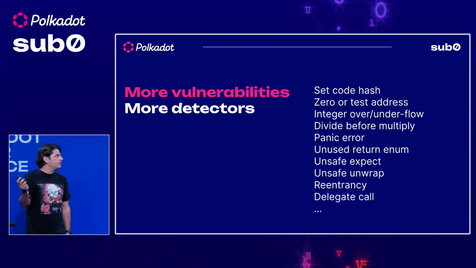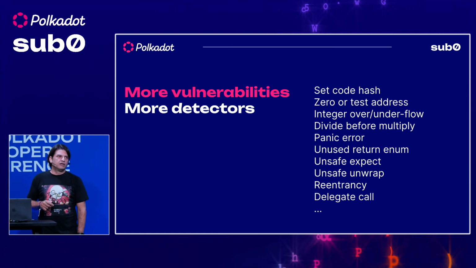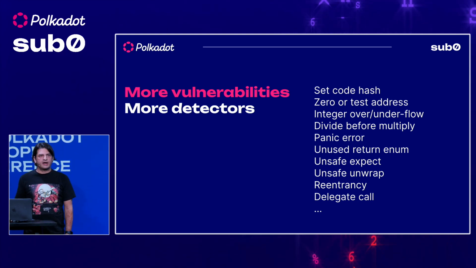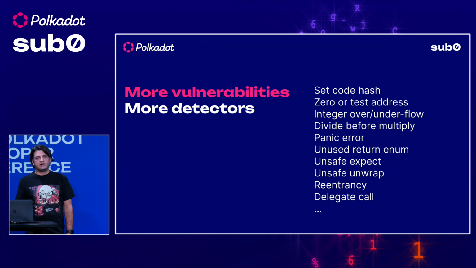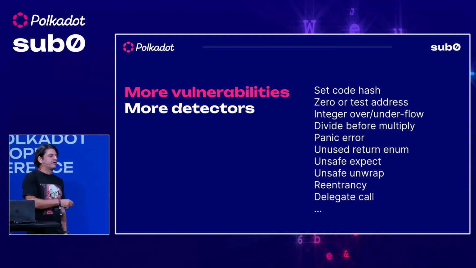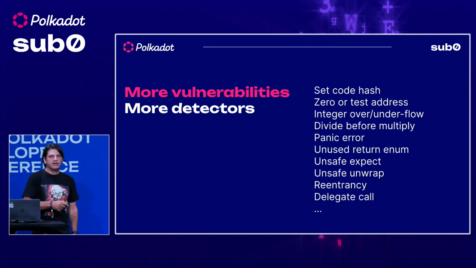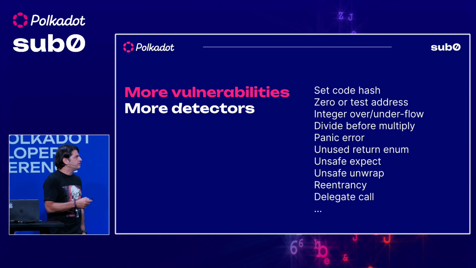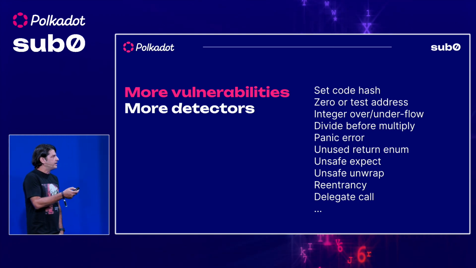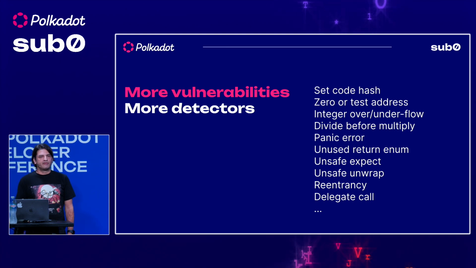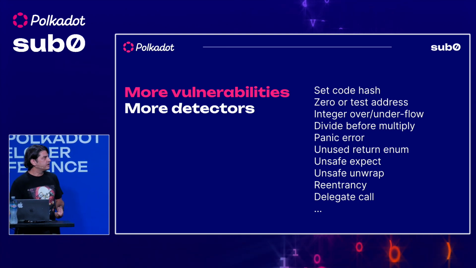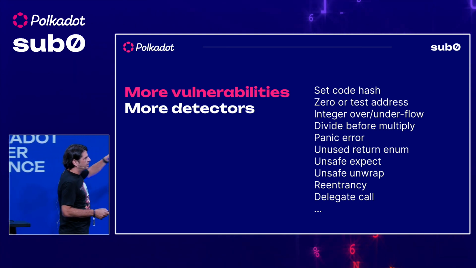Integer overflow or underflow. Also, you could use a macro to allow overflows. So if that macro is on and you're allowing overflows, then we're going to check if you're adding to an integer without controlling that. Divide before multiply, that's a precision best practice. Often if you divide before multiplying, you may lose some precision. And the list goes on.